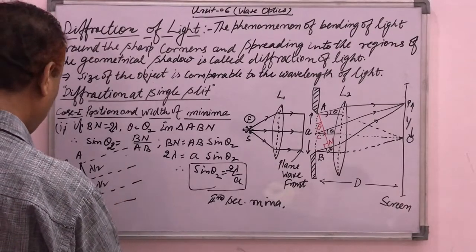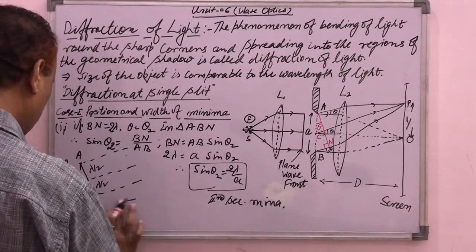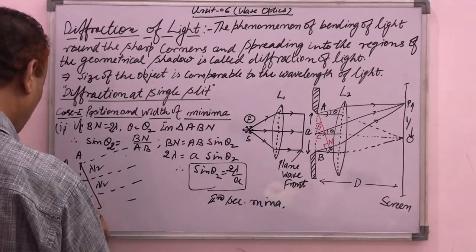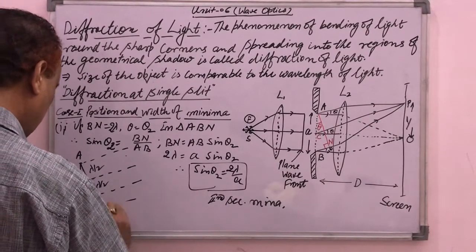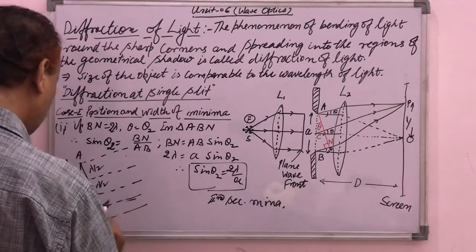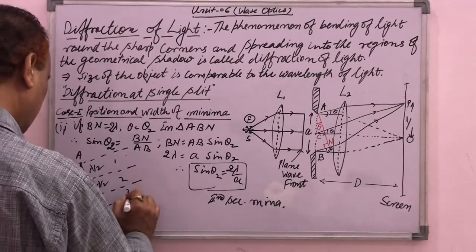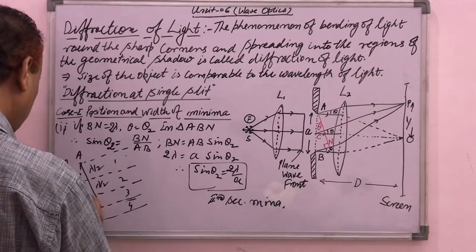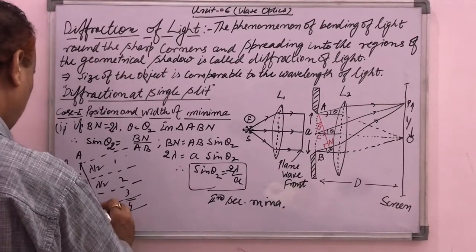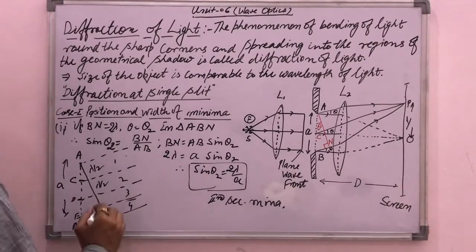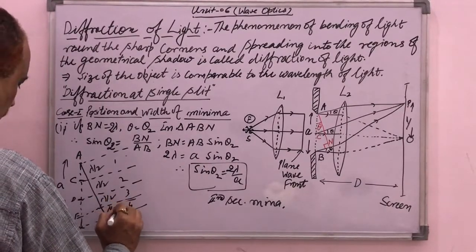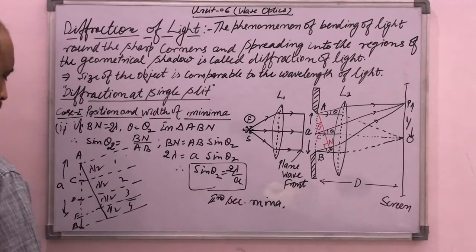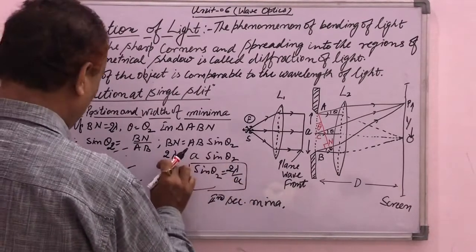So when it is divided into 4 equal parts, we have part 1, part 2, part 3 and part 4, and this is the point B. At every part, the path difference is equal to lambda by 2, and when we add lambda by 2 four times, we get 2 lambda path difference.